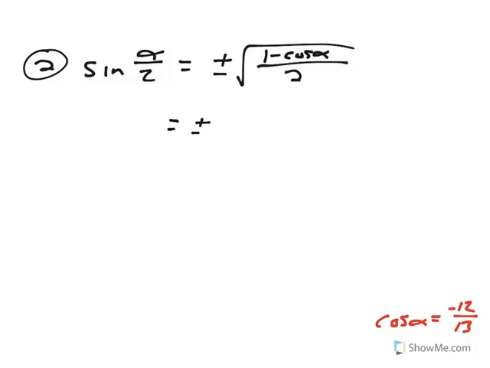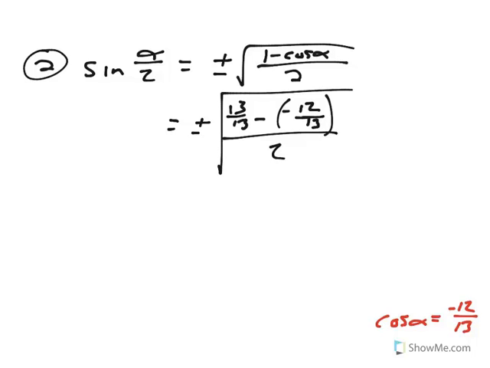So replace that into our equation. In place of cosine of alpha, we're going to put negative 12/13. I'm going to change the 1 that's in front of that to 13 over 13. That way I have common denominators and I can put those together.